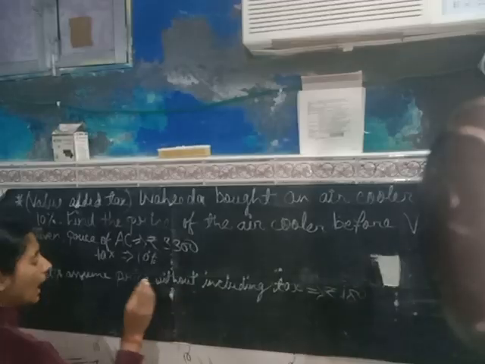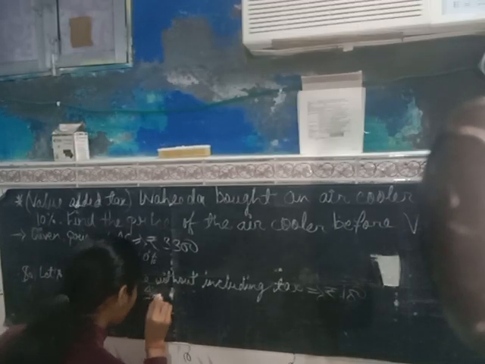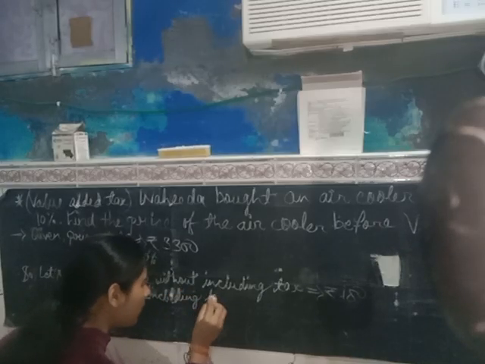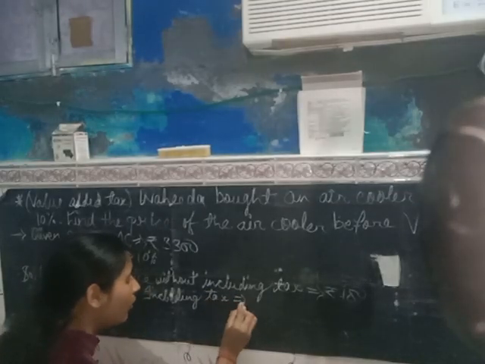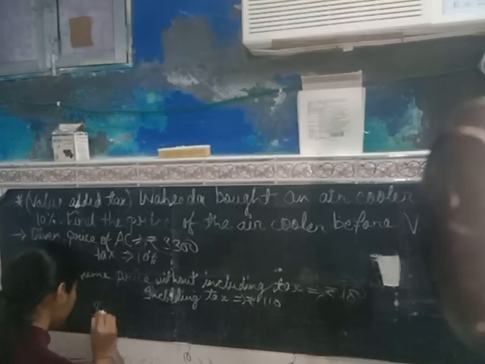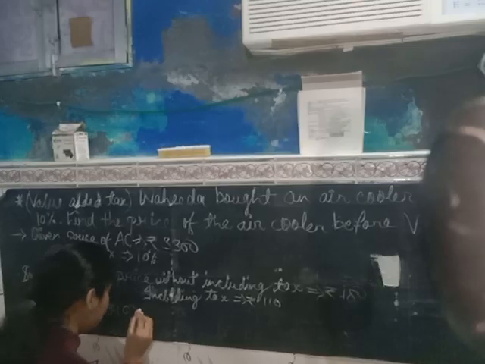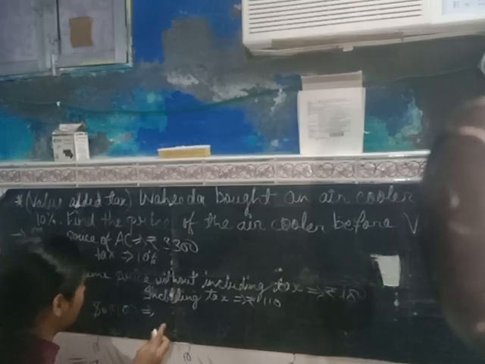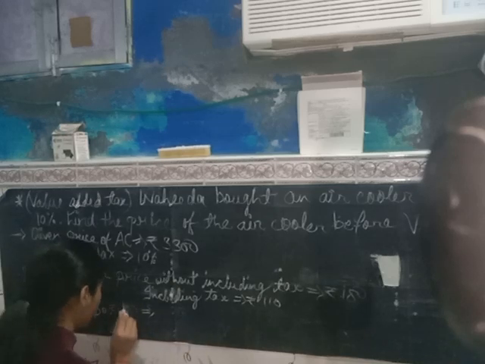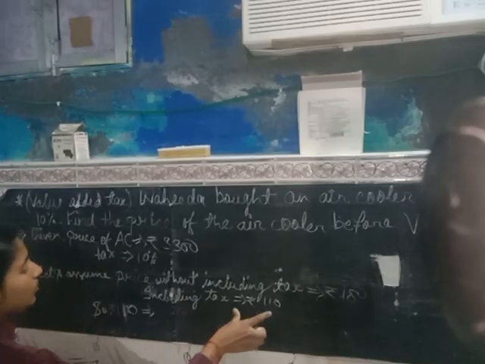So including tax, it will be 110 rupees. So I can write here 100 rupees is equal to 110 rupees, which is rupees including tax.